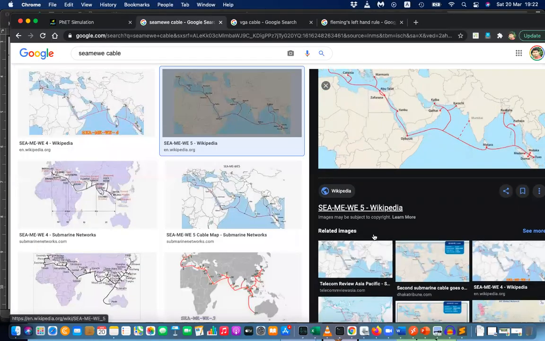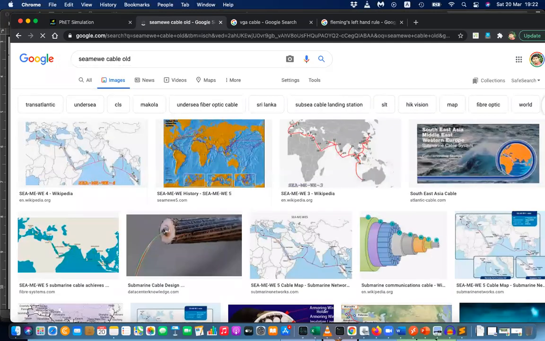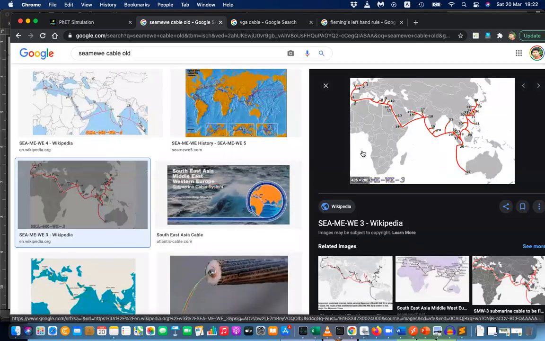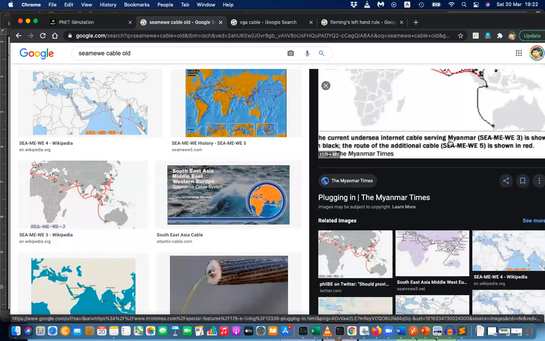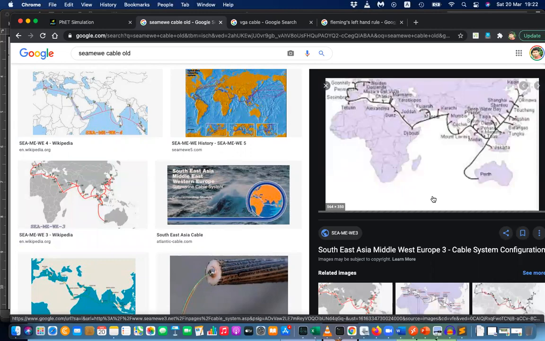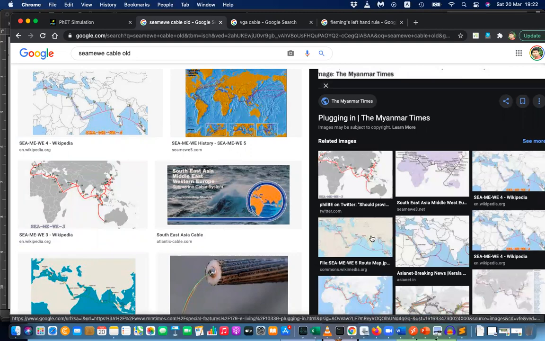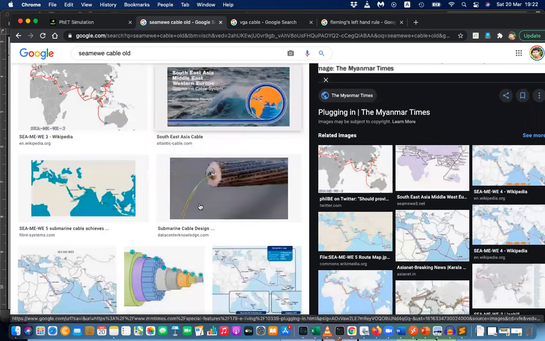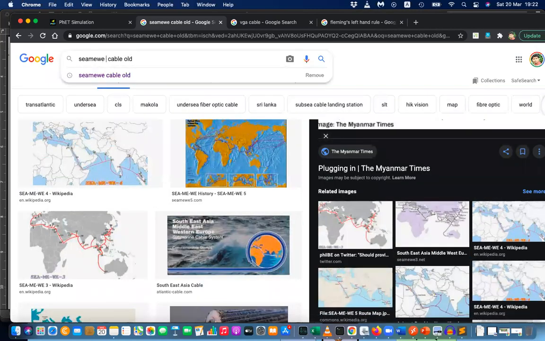Right, so the old version is basically this, CMEV3. It's not exactly showing the location where we were connected in CMEV3. CMEV2.